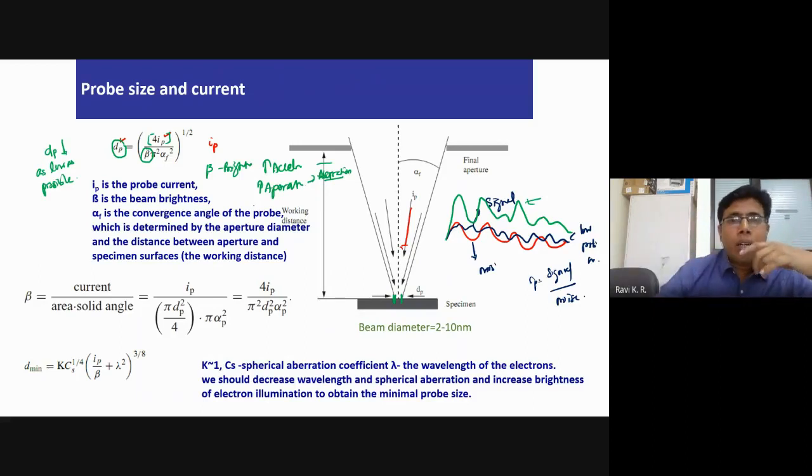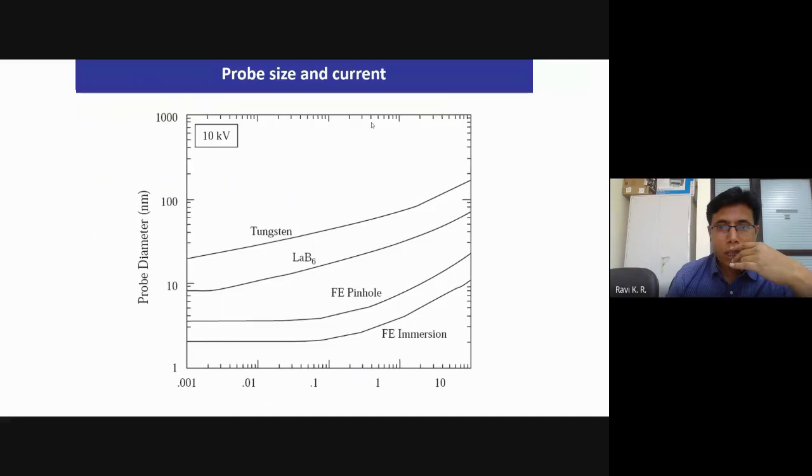But if you look at it from a brightness point of view, the field emission guns, especially the Schottky effect, have the highest brightness among the microscopes. I hope I have that slide.